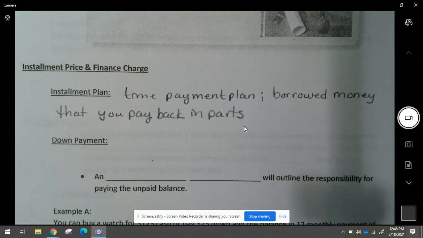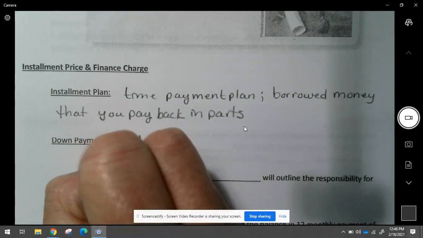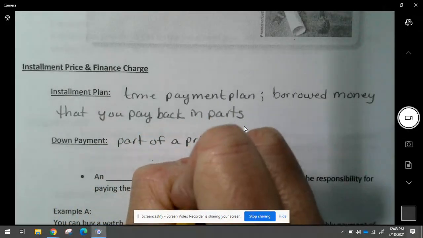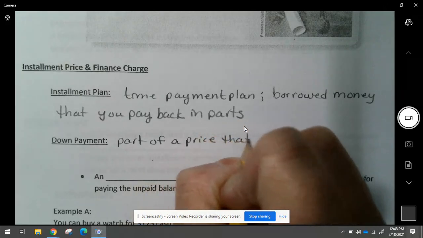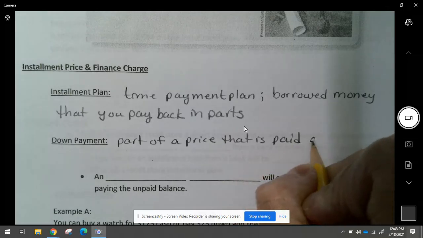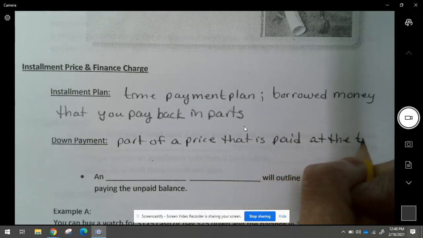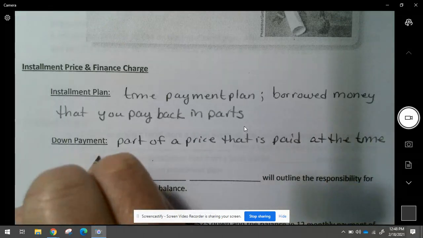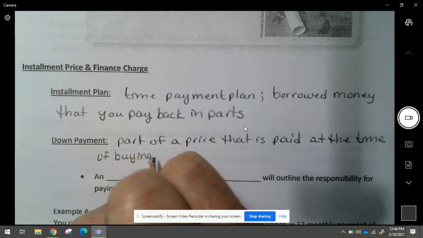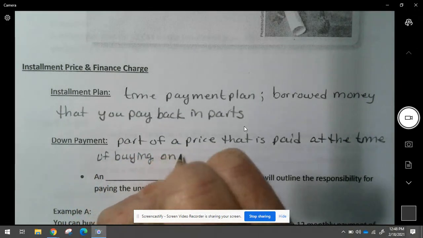All right, down payment is another key term. It is money that you will pay. So let's write this: part of a price that is paid at the time of buying on the installment plan.